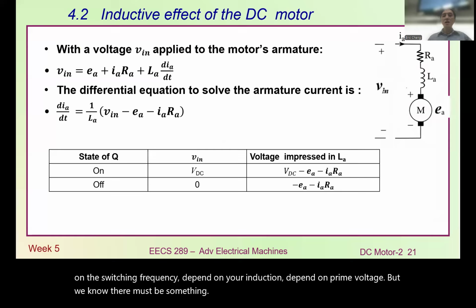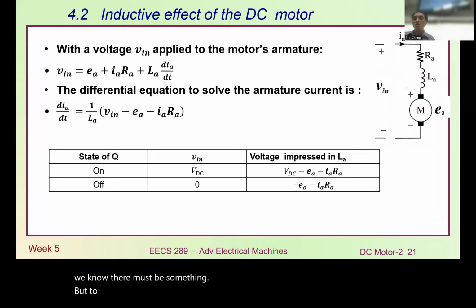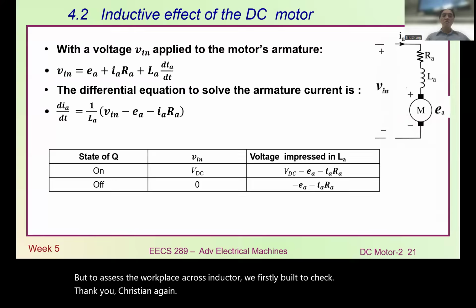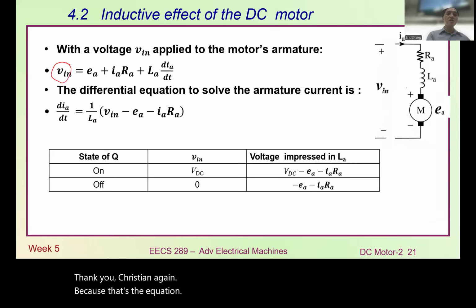But to assess the voltage across the inductor, we first check that equation again. The input voltage here will be from the switching DC circuitry. So we can rewrite the equation, putting LA di/dt on the left-hand side.